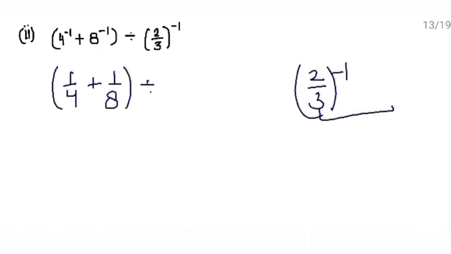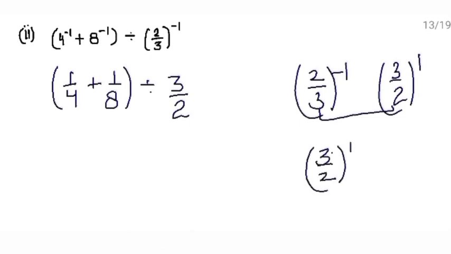So write the reciprocal of the base. Reciprocal of 2 upon 3 will be 3 upon 2. And the power will become positive now. So this is equals to 3 upon 2 raised to the power 1. Or you can simply write 3 upon 2 because 3 upon 2 raised to the power 1 is also equals to 3 upon 2. Clear?